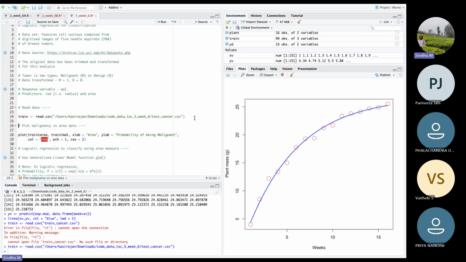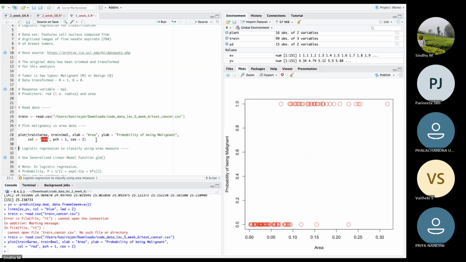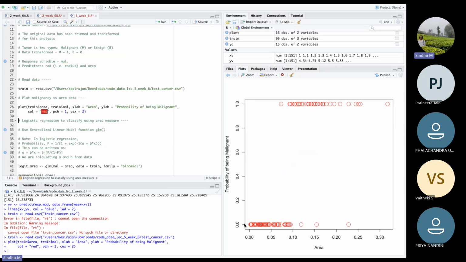The training data has been loaded and now this line is just plotting it. The values are just two different values, 0 and 1. 1 means it is malignant and 0 means it is not malignant, or benign. As we discussed, we can try to fit this with the logistic regression sigmoid curve. That's what we are going to do because it is a probability measure on the y-axis.